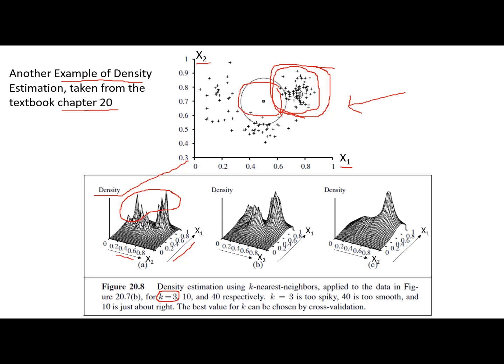In the previous example, we fixed k to be 5. Here they are varying k, for 3 different values. For k equals 3, this is the estimate of the probability density function, and as you increase k, the density function becomes smoother, so that for k equals 40 it looks very smooth.